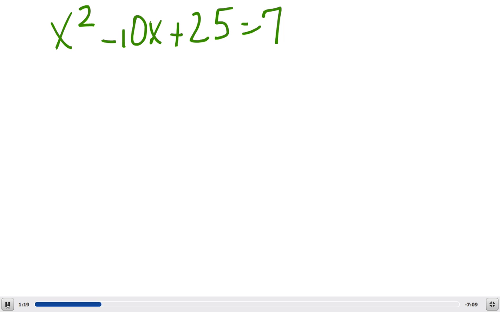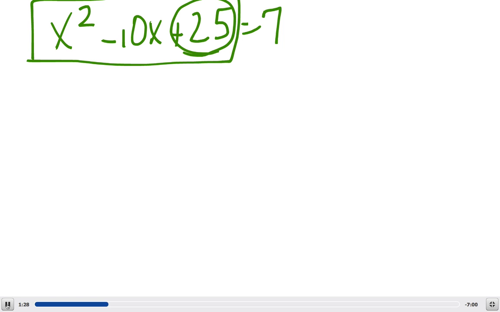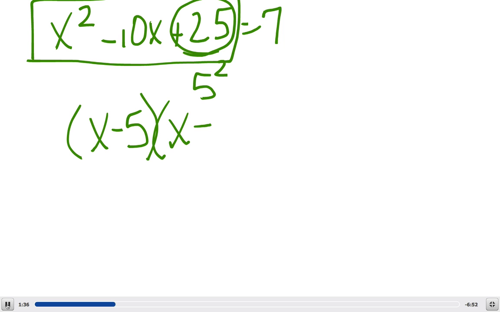However, when I first look at just the ax squared plus bx plus c side of it, I notice that my number here is a perfect square because that's 5 squared. Well, when I factor then, I see that I can get x minus 5 and x minus 5, and we're still setting that equal to 7.